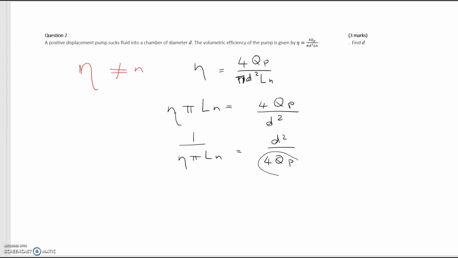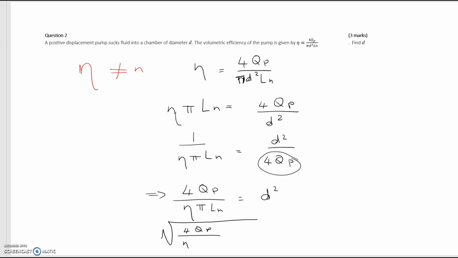Now we could multiply both sides by that. And at that stage, then you need to just take the square root. And it'll only be the positive square root because it doesn't make sense to have a negative square root.